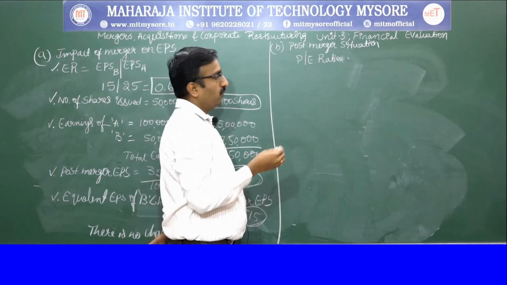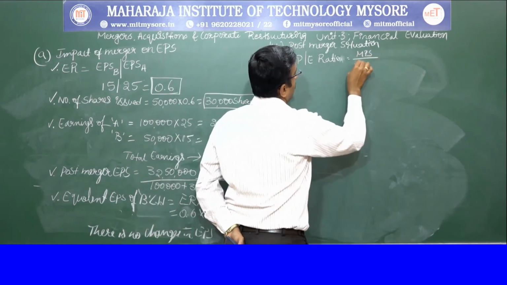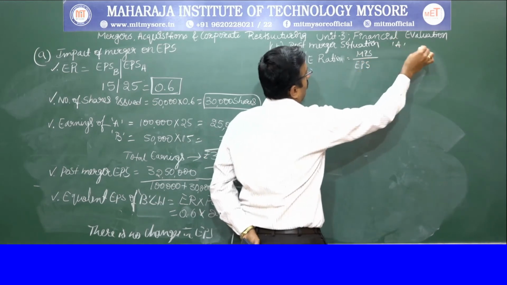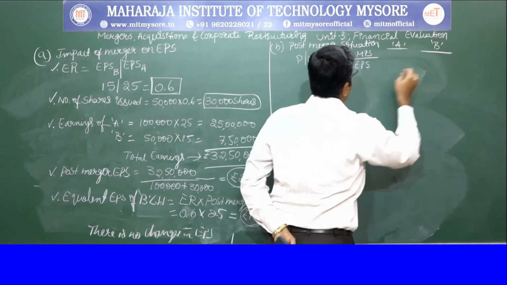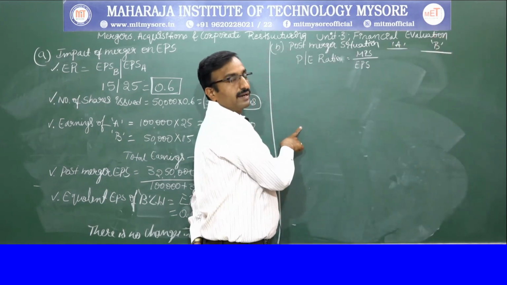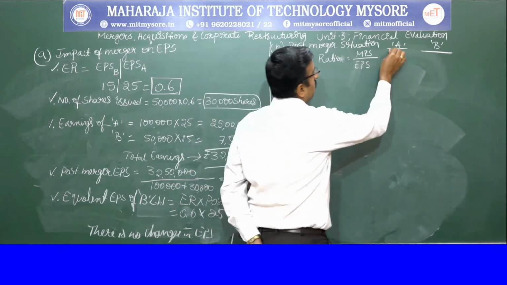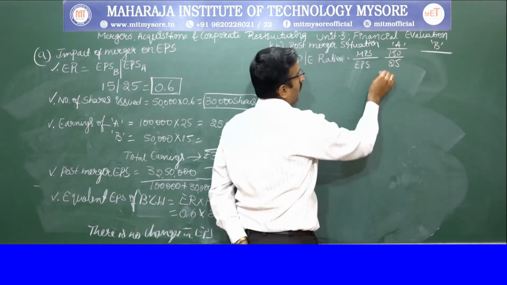So for the P/E ratio we apply the formula MPS divided by EPS, separately for A Limited and B Limited. MPS of A is 150 and EPS is 25, which we already found. So 150 divided by 25 gives 6 times.